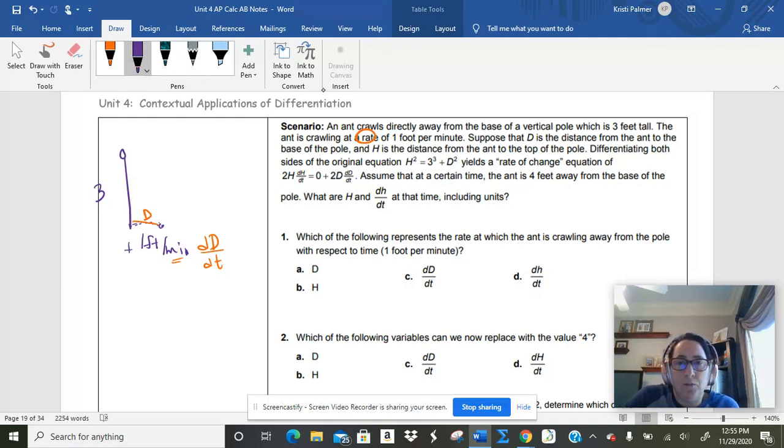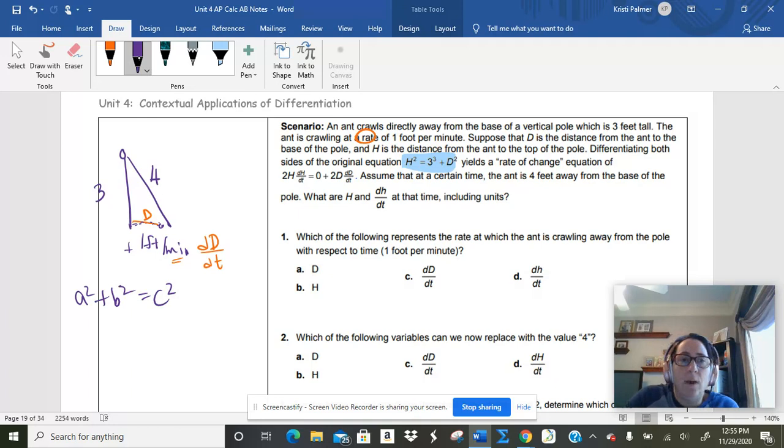H is the distance from the ant to the top of the pole. So I'm going to call this now H. Differentiating both sides of the original equation, let's talk about where this came from. If we can see, this is my a squared plus b squared equals c squared.